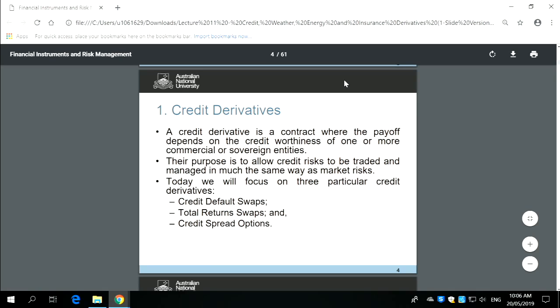As we discussed last week, some of the exotic options do serve a purpose for people who would like to hedge, whereas other types of exotic options seem designed purely for speculation. For example, why do I want an option written on an option? Today we are going to look at other types of derivatives that are very useful in real life. These derivative contracts help us manage credit risk, energy price risk, and weather risk.